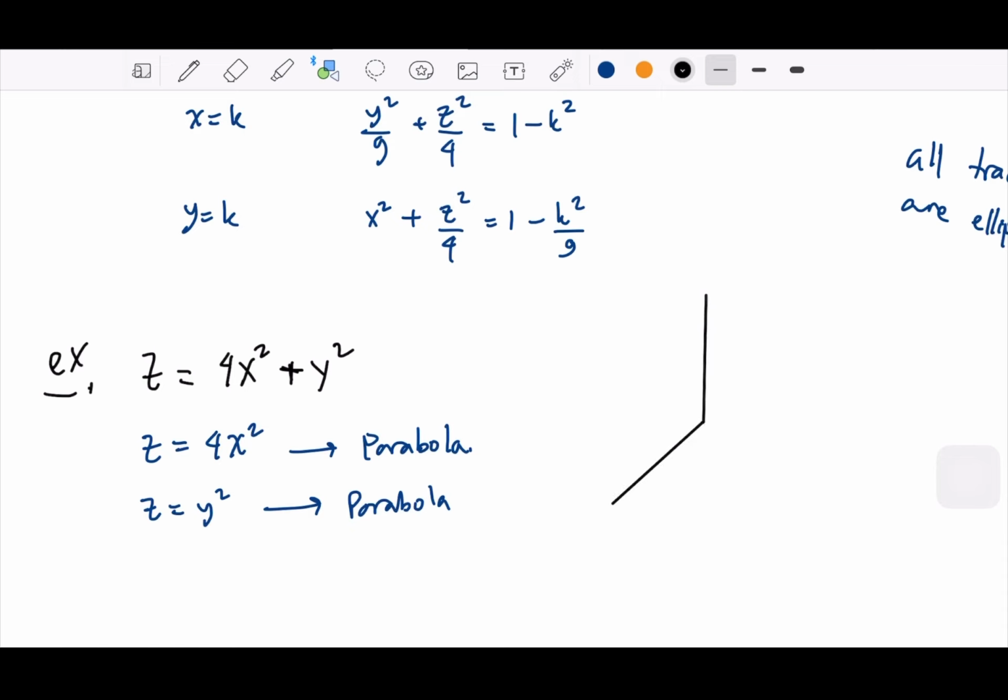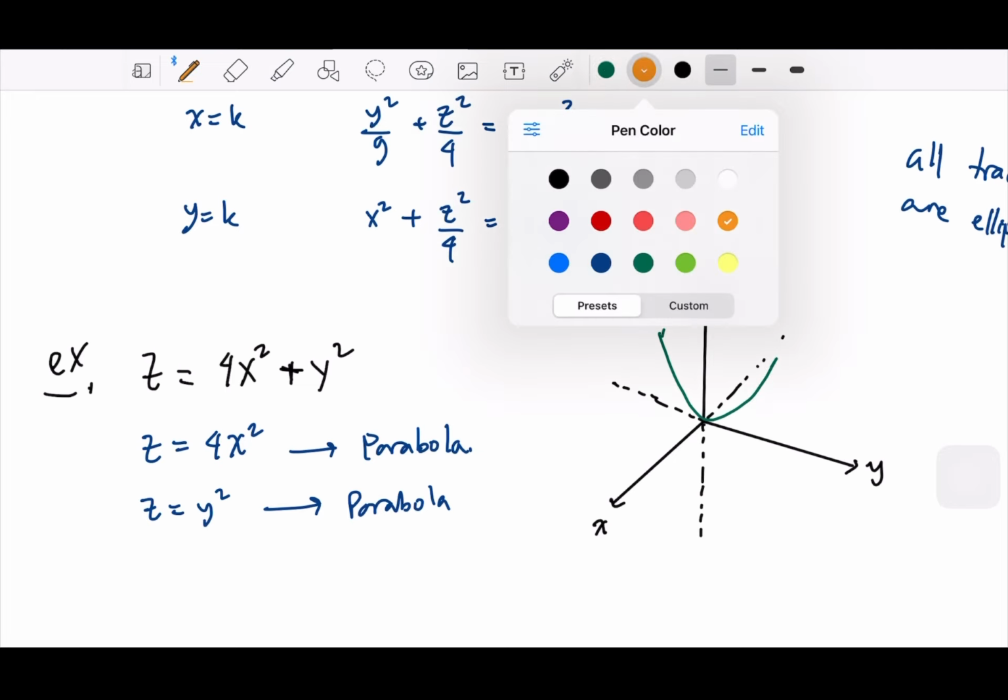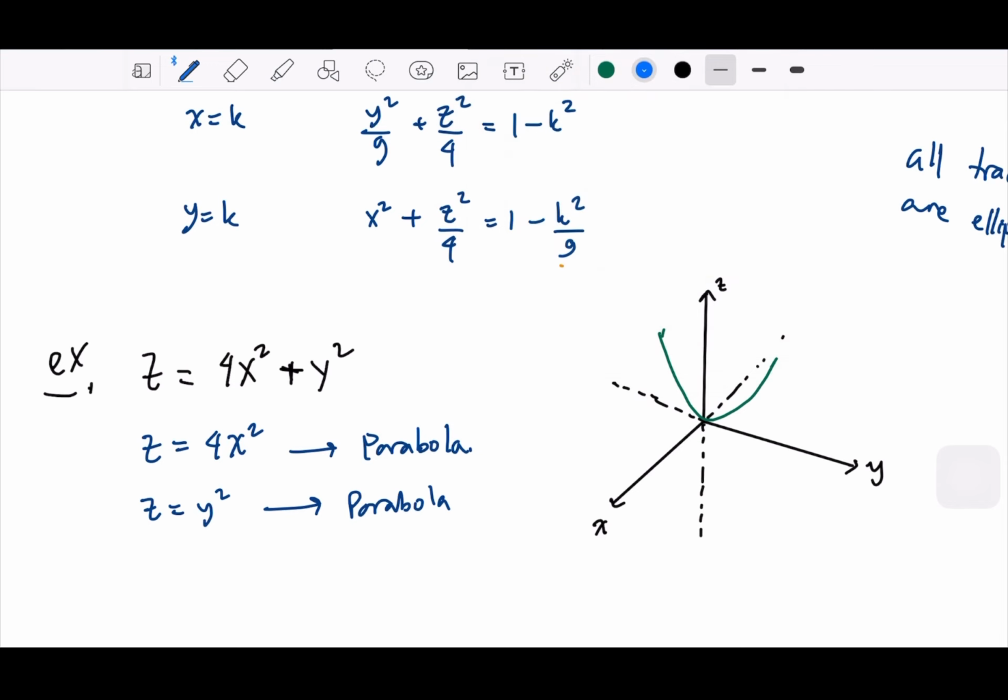Okay, we take the 3D space and let's see how our parabolas look. Let's start with the YZ plane, the parabola z equal y squared.